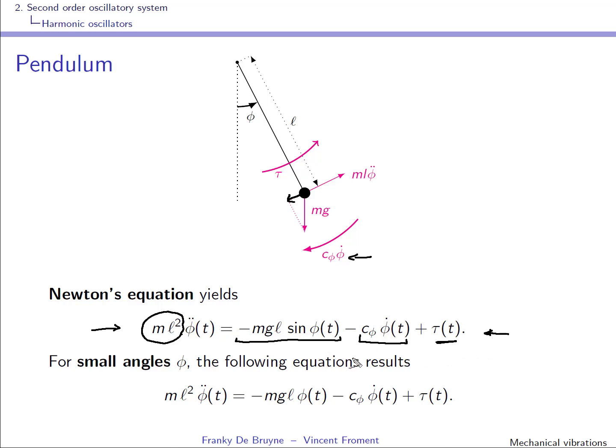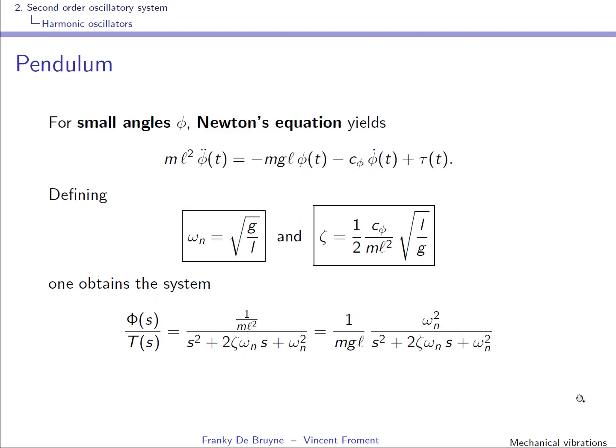Well, this is a nonlinear equation, and we use the usual approximation for small angles. You say, well, sine phi is approximately phi for phi very small, and you obtain this equation here for the pendulum. Okay, so we can do the same thing that we did for our mass spring system. We can take this equation and go to the Laplace domain.